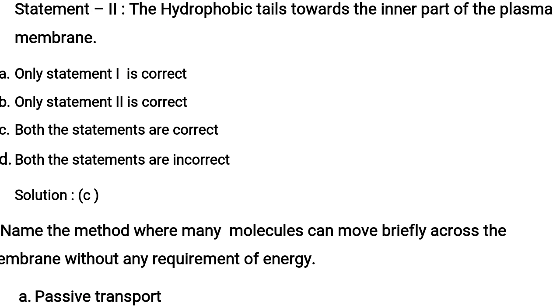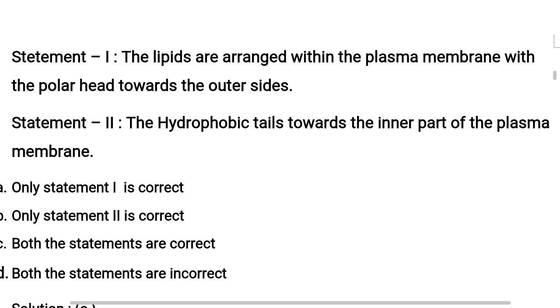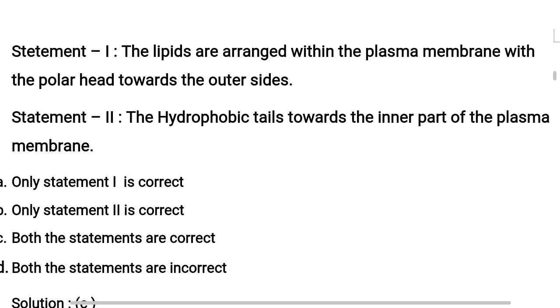Students, in the given two statements, we had a discussion about this concept in the regular theory video. Lipids are arranged within the plasma membrane with the polar head towards the outer side. I have shown you the structure even. The lipid ratio in the plasma membrane of human RBC is 40%. Right? Each lipid molecule has two parts, head and tail. The heads are present towards the outside, called polar heads.